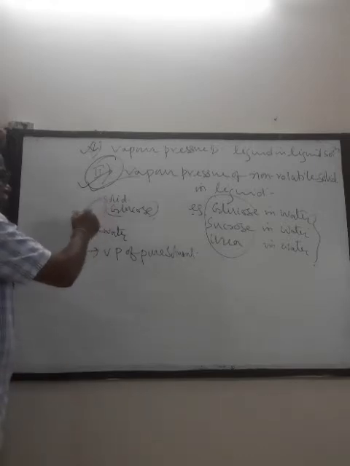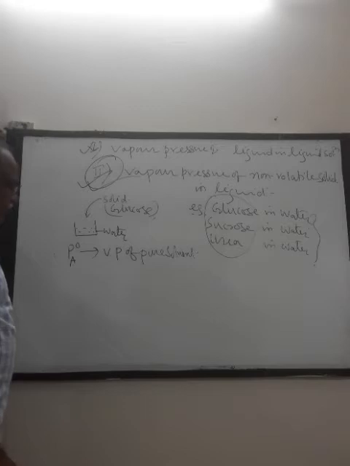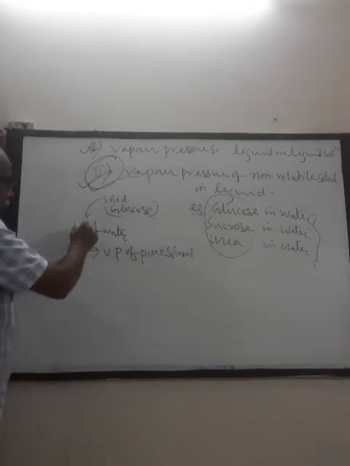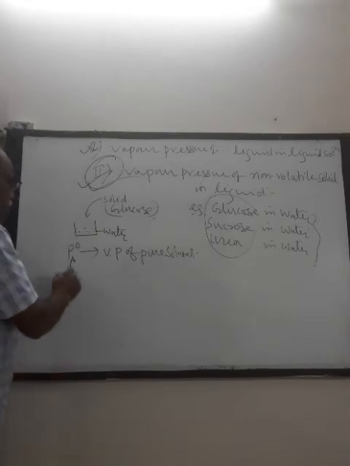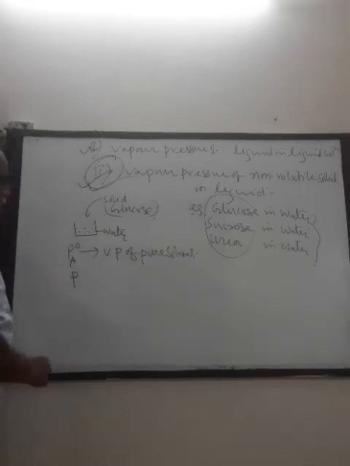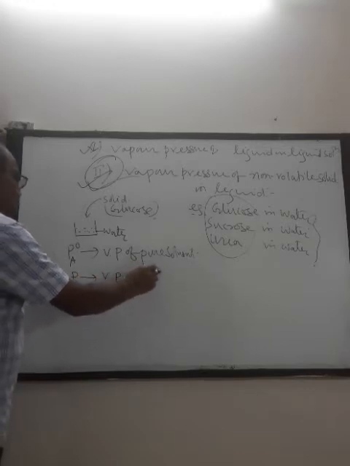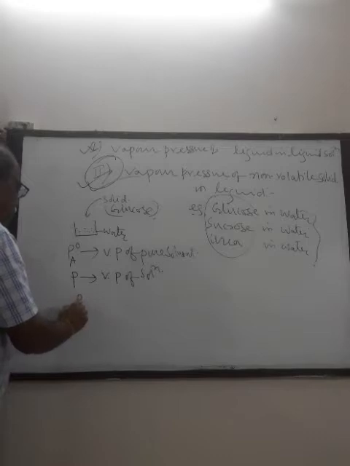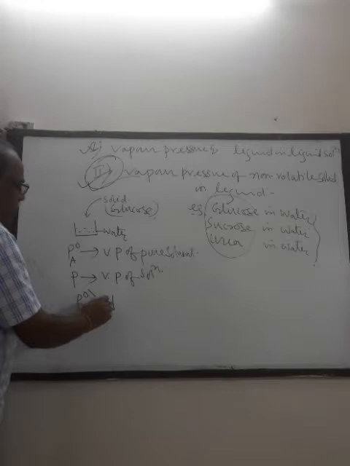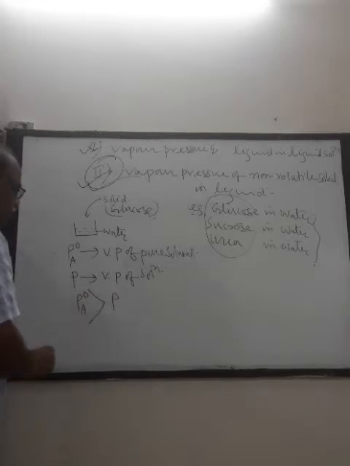Now when glucose is dissolved in water, it becomes a solution. And if P represents the vapor pressure of the solution, then PA naught, the vapor pressure of the pure solvent, is always greater than P, the vapor pressure of the solution.